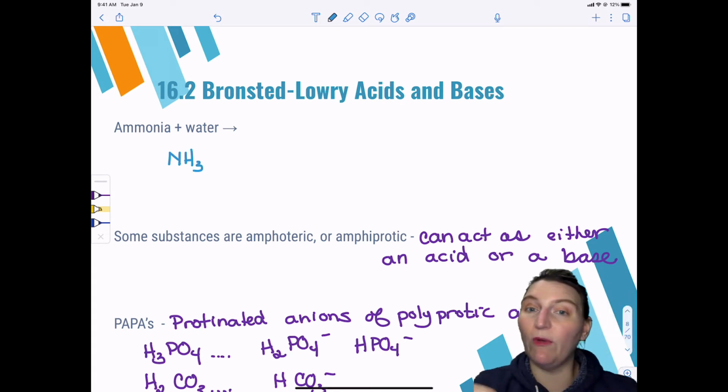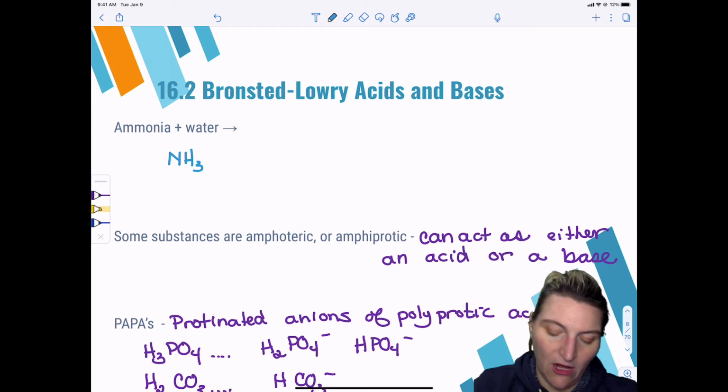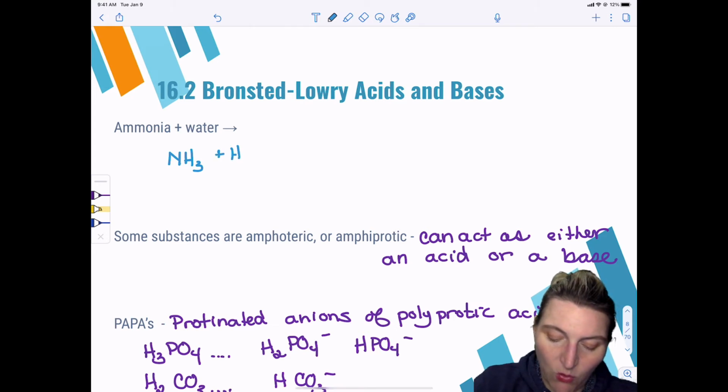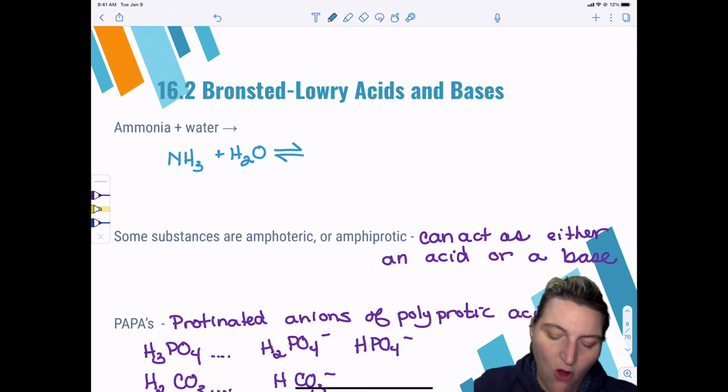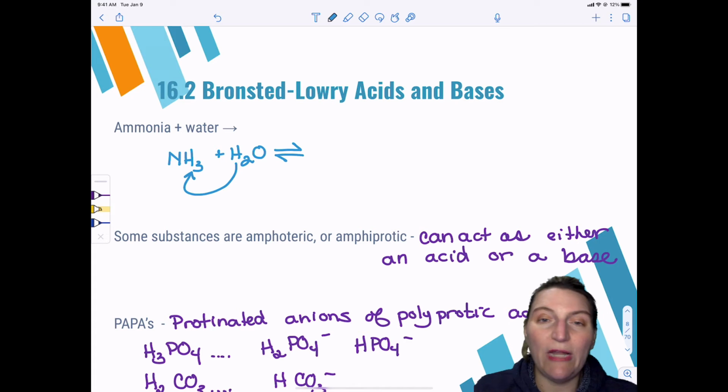This was what was known since ancient times as a base, but it doesn't even have OH minus. So how can it dissociate to produce OH minus? Well, it doesn't, but it does react with water. And it's weak, so we've got that equilibrium symbol in there. Water actually donates the hydrogen to NH3.